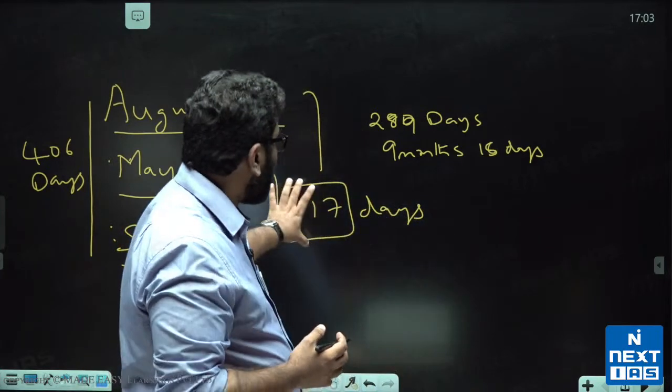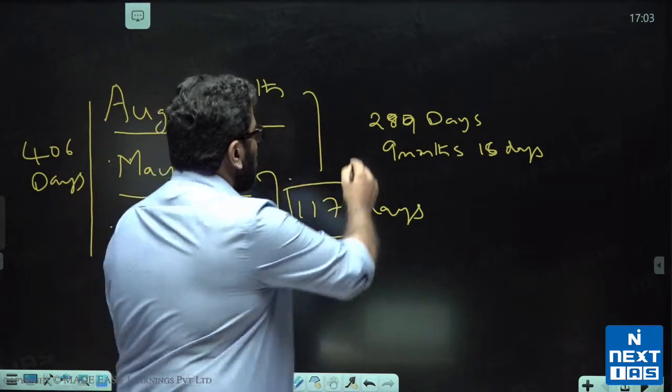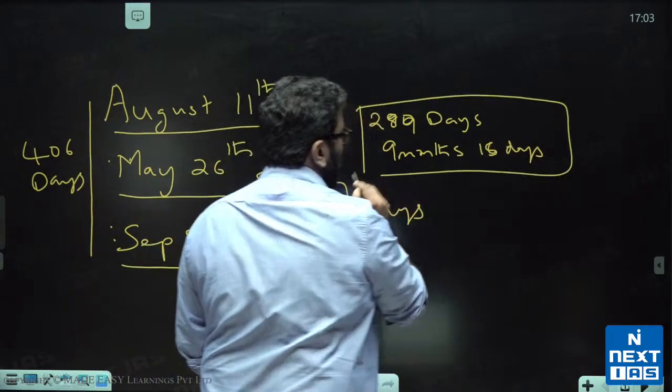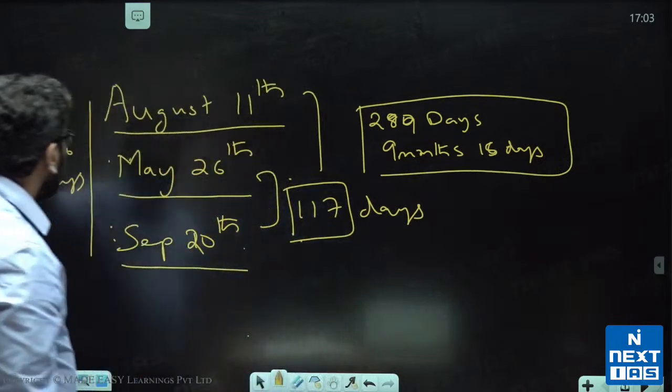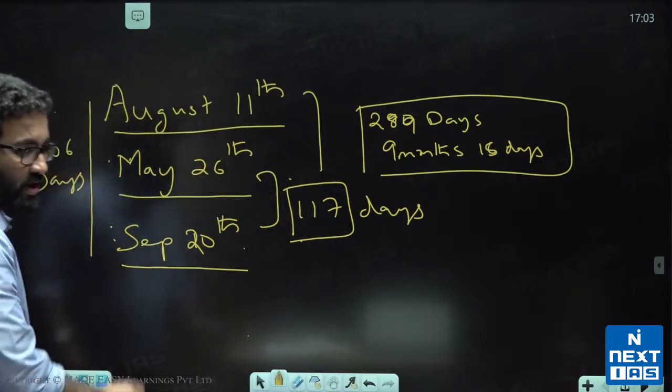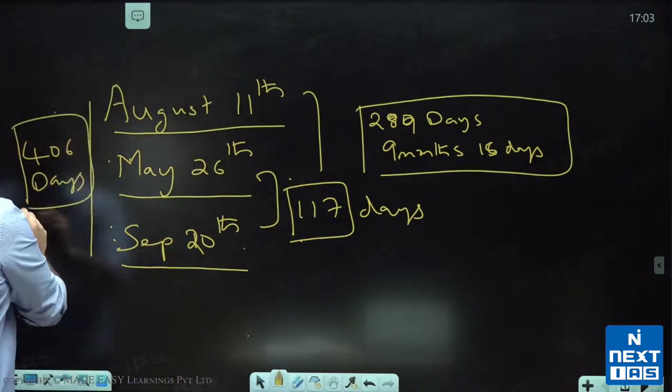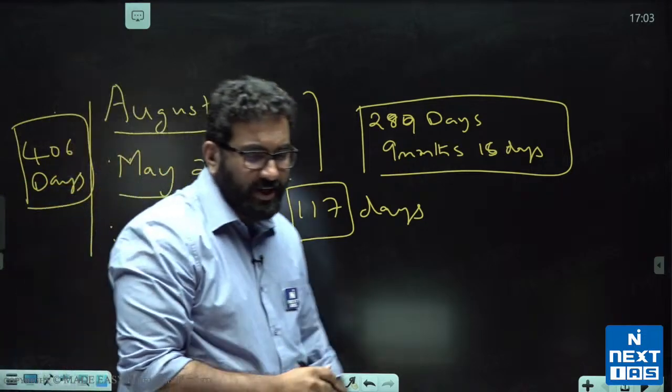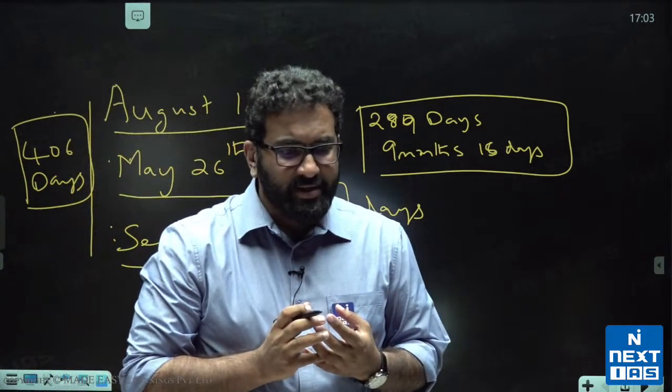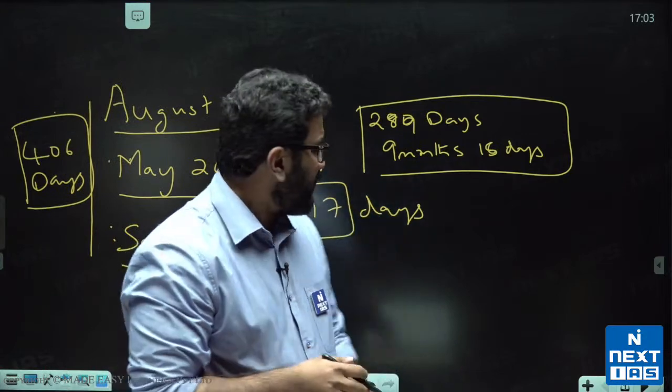So in this timeline also you have a lot of things to get done, right? So cumulatively between now and the next mains, we have 406 days. That's almost 13 months, and we will discuss how we can effectively utilize this particular timeline.